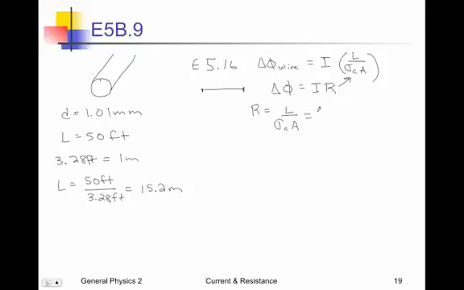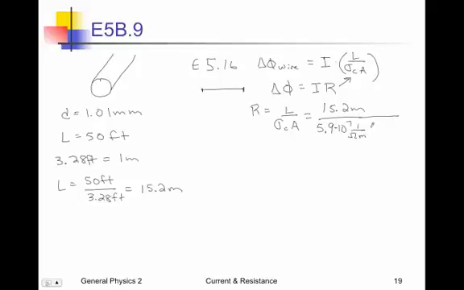Okay, so now if I want to plug in our numbers, we have 15.2 meters. The conductivity of copper, we can find in the table, I think it's 15.1, and that is 5.9 times 10 to the 7th, and the units are 1 over ohms times meters.